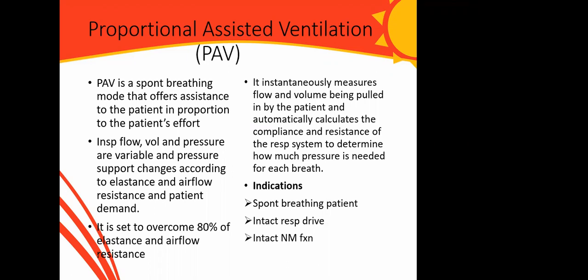The beautiful thing about it is that it is said to overcome 80% of airway elastance and airflow resistance. So, for instance, if the patient is breathing and encounters some airway resistance, the ventilator sees it and helps the patient to overcome the resistance.